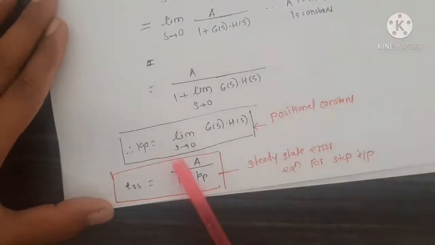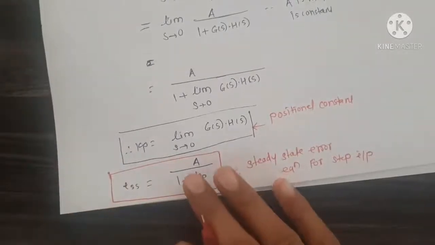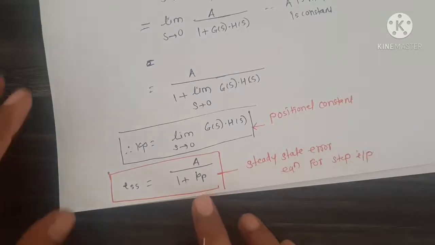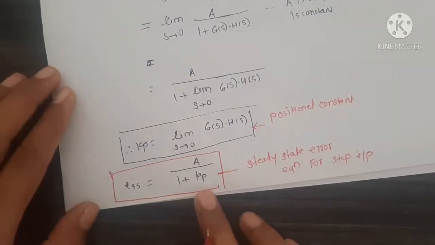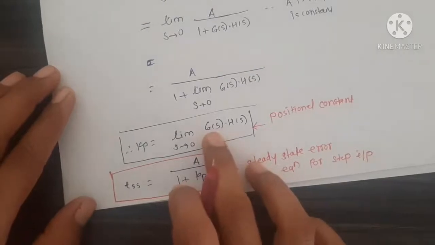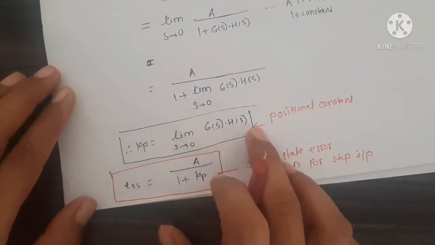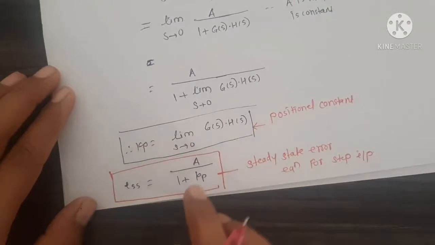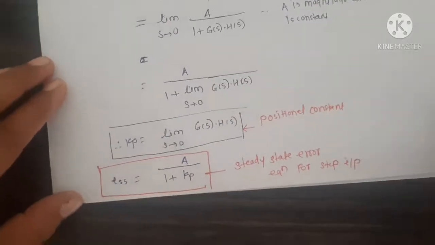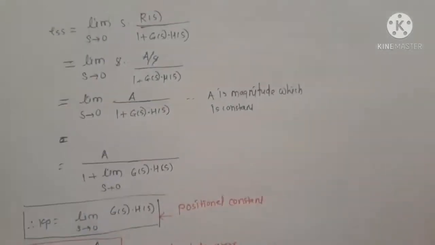This is a very important equation. A problem on this you may get asked in the exam. In the problem you are given directly the Kp value, or either you are given G of s into H of s. So firstly you have to calculate Kp and then put the value of Kp, then you will get the steady state error for step input. So this is a very important topic.